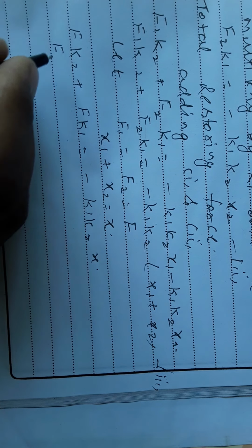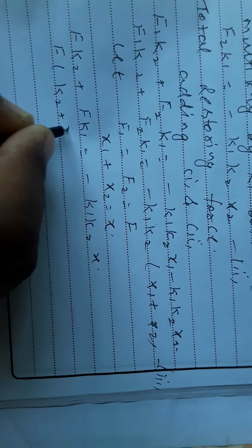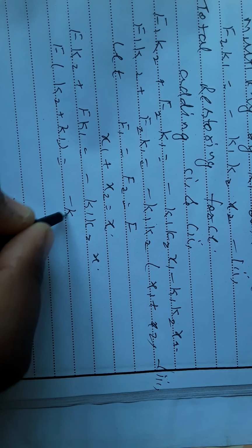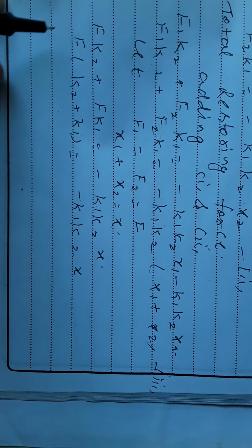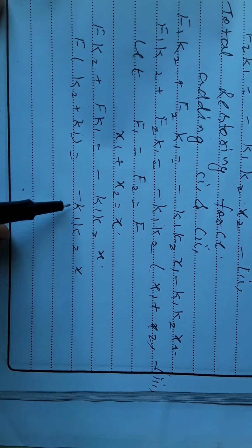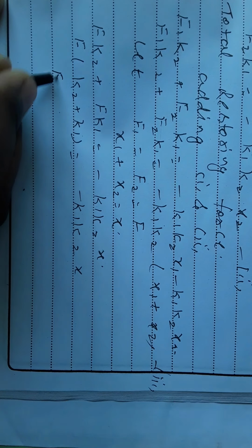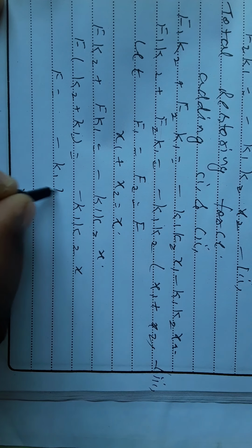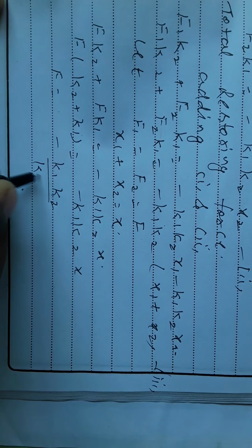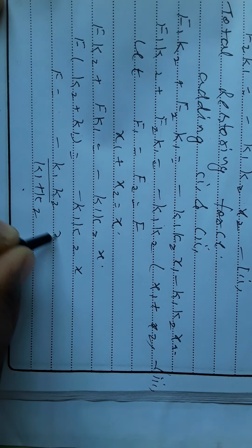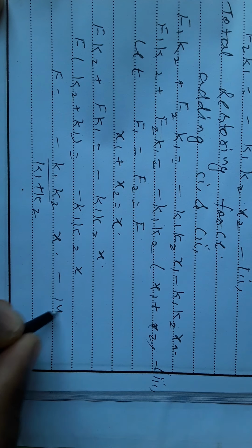We can take out F common. So F (K2 + K1) = -K1 K2 x, we can write F = -K1 K2 by (K1 + K2) into x. Equation number fourth.